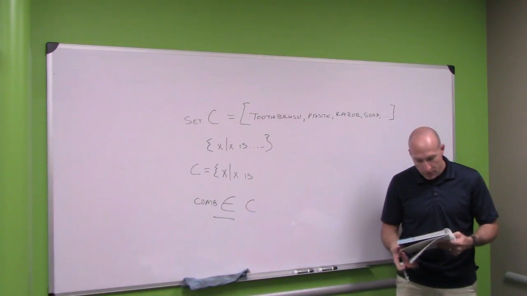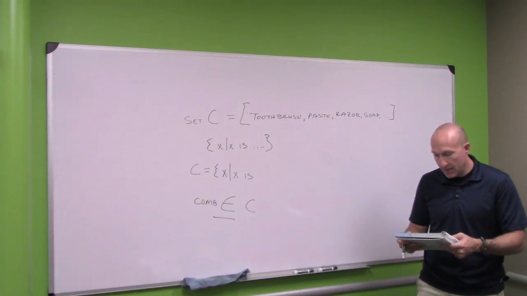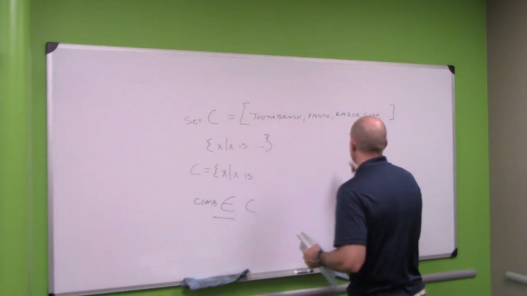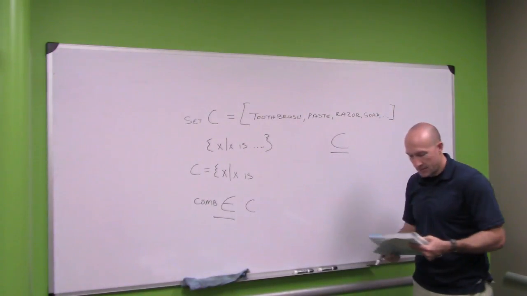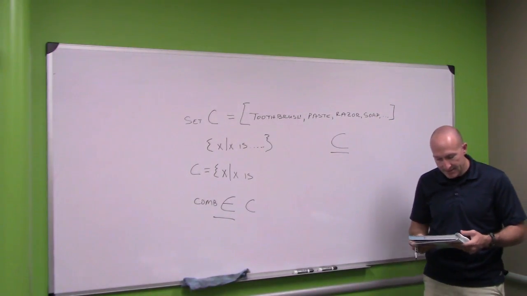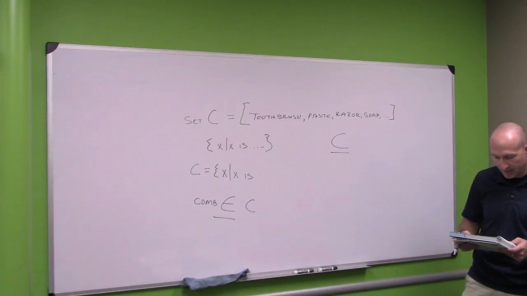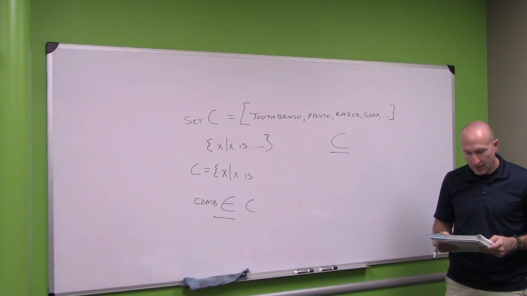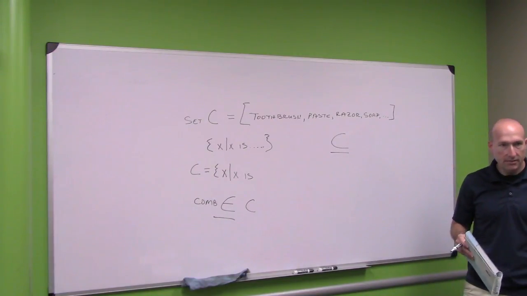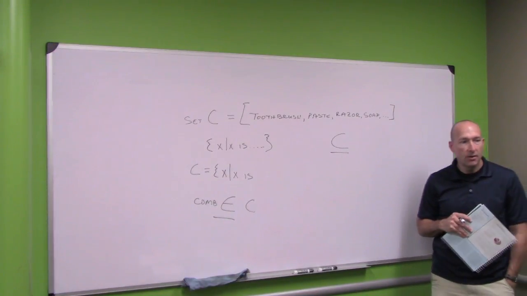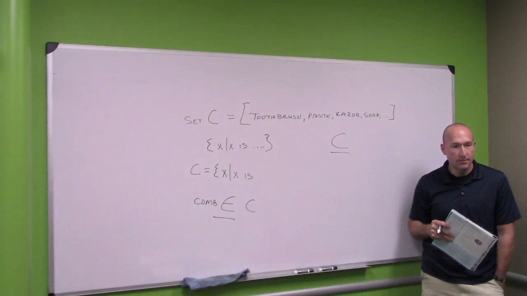Now, what I want to do is look further down, and you're going to see this symbol. That symbol right there, it's kind of an elongated C with a line underneath it. Look through, and what does that stand for? Can anybody tell me what that symbol stands for?